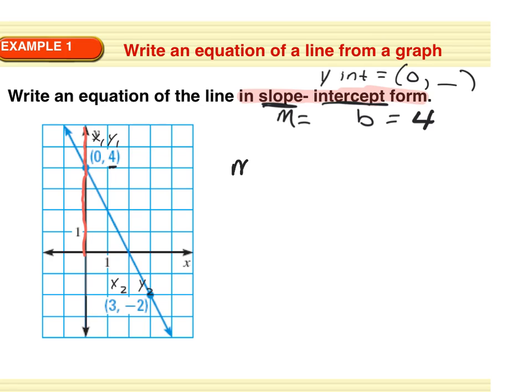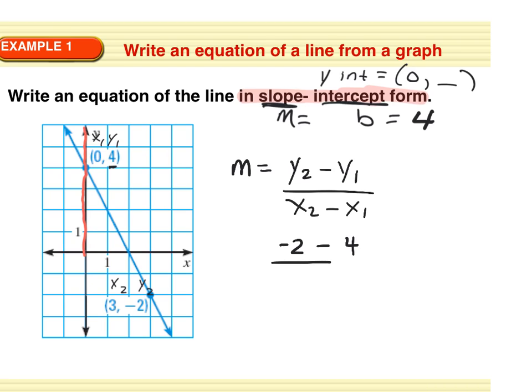Now, what is my equation again for slope? Okay, so we've got y2, which is -2, minus y1, which is 4, over x2, which is 3, minus x1, which is 0. -2 minus 4 is?